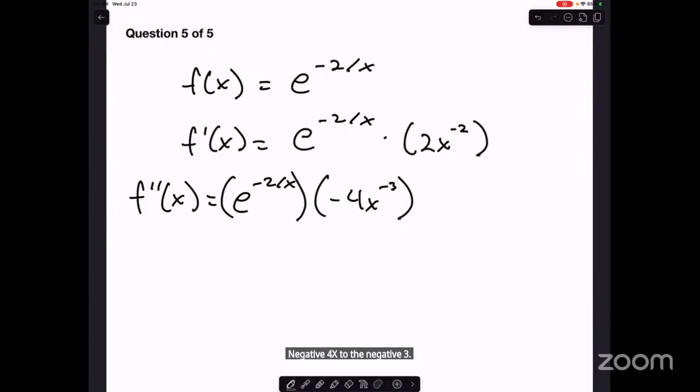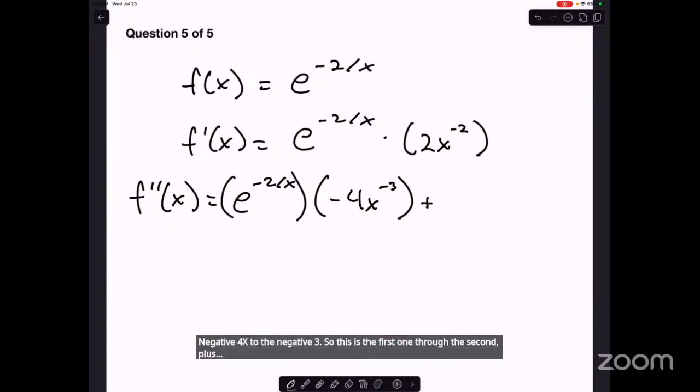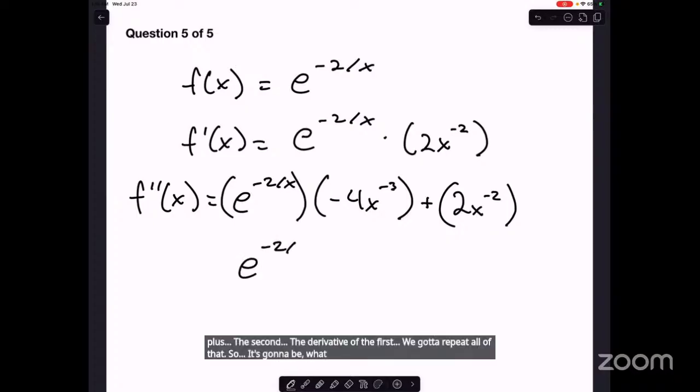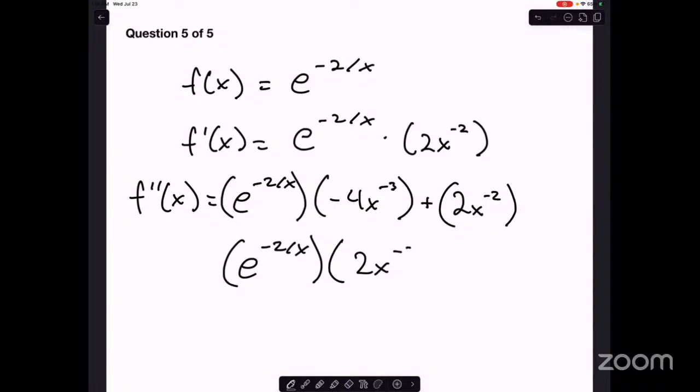So it's going to be e to the -2 over x times -4x to the -3, plus 2x to the -2 times the derivative of the first, which we repeat.